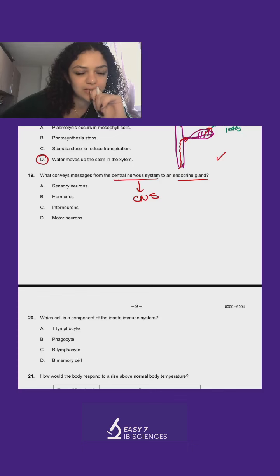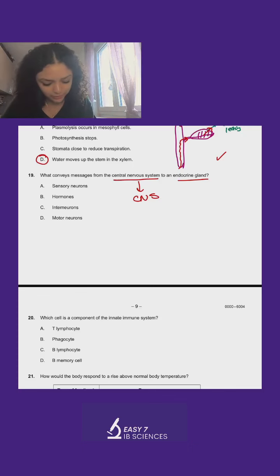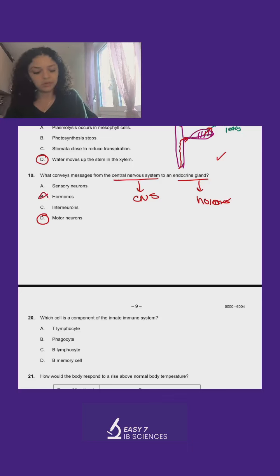Okay, D. Nice, guys. A lot of you guys are saying D. Perfect. Motor neurons. So, is it B? Is it hormones? No, right? Because endocrines release hormones in the blood, and these hormones go to other receptors and cause a response in the body. But they do not convey messages from the central nervous system to the endocrine gland. Very good.